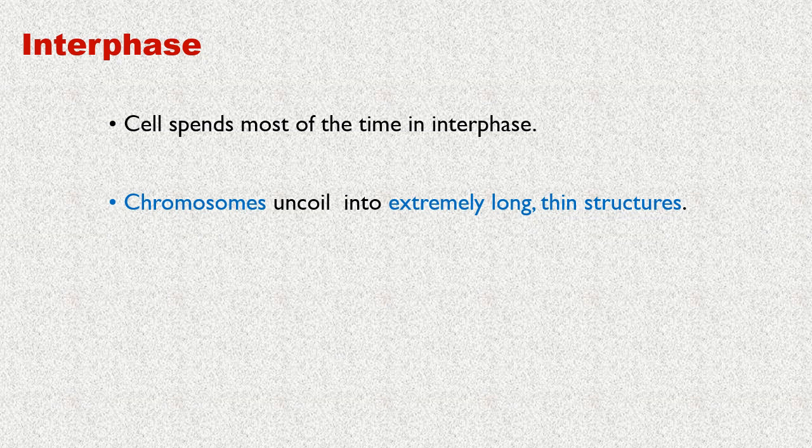They cannot be distinguished as individual threads in this stage. Also, under light microscopy, no dramatic change is visible inside the cell. So, does this mean that this stage is a resting stage of cell? Or, the cell is idle during interphase? The answer is no.